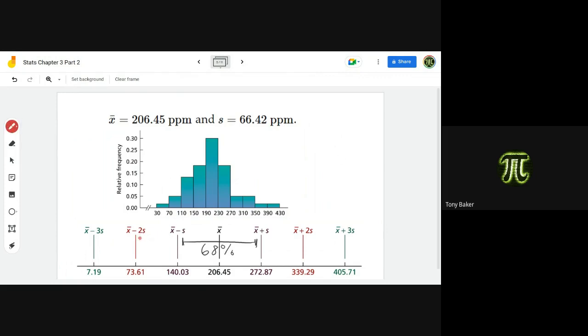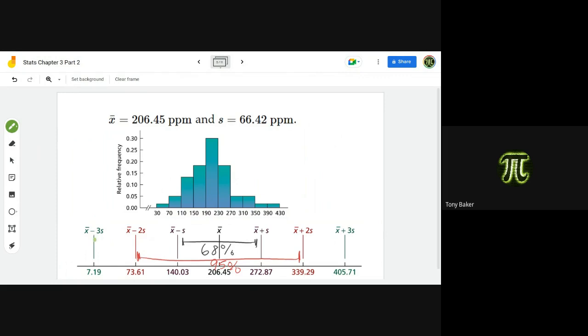Two standard deviations. So if I went from there to there, that's how much? Yes, 95%. So I went from 73.61 to 339.929 is 95%.